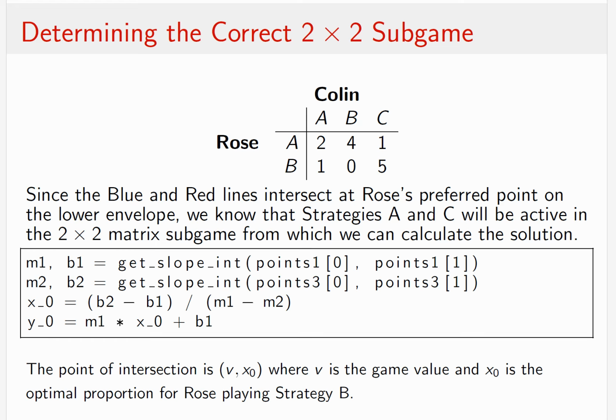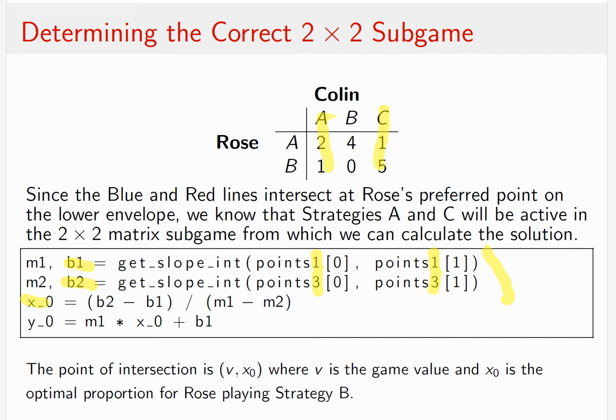And that's exactly the algebra you're going to see happening when we solve for this point of intersection, right? You can see what we're doing. Well, we said that the intersection of lines A and C, or lines 1 and 3, is the intersection point on the lower envelope that Rose is going to try to choose, right? So the x value is going to come from what? Well, this b2 and b1, these are the values that pop out of these two functions, right?